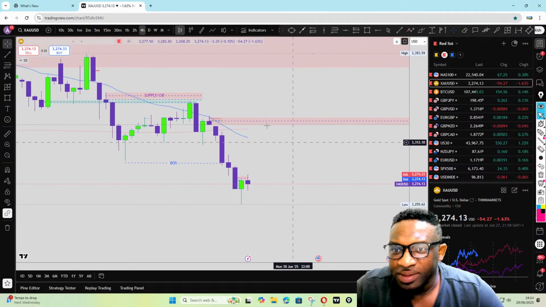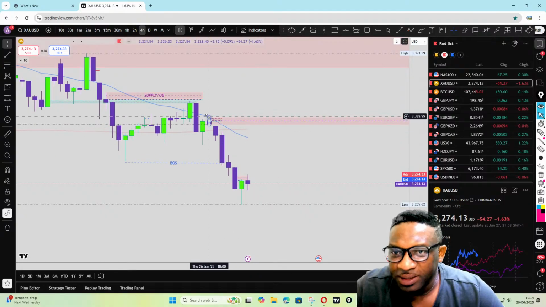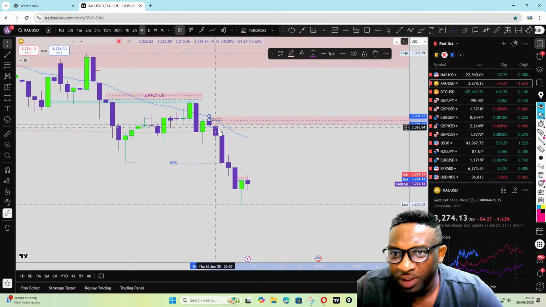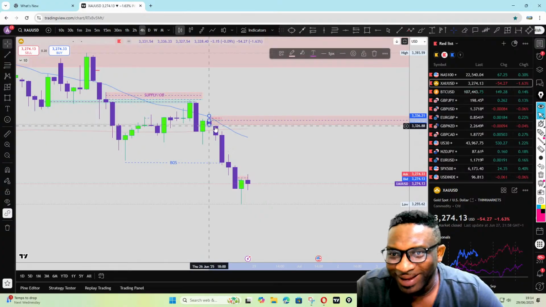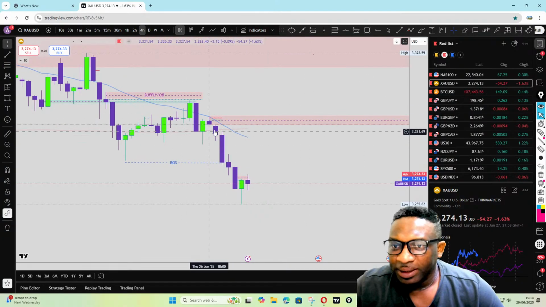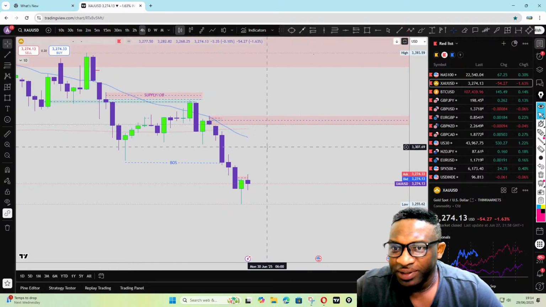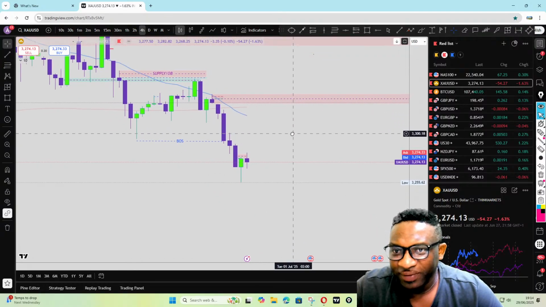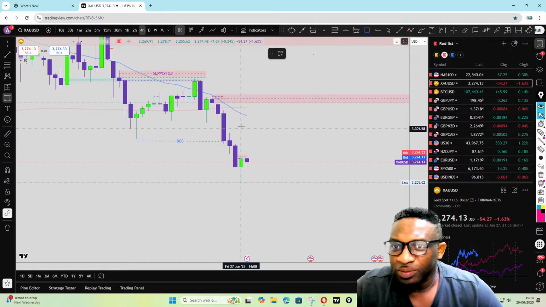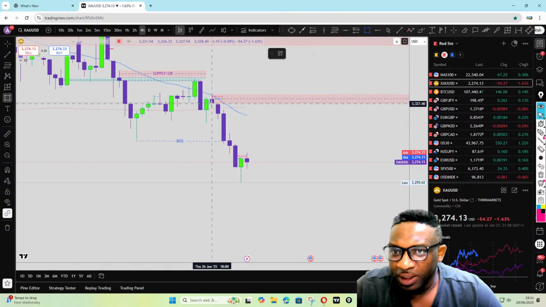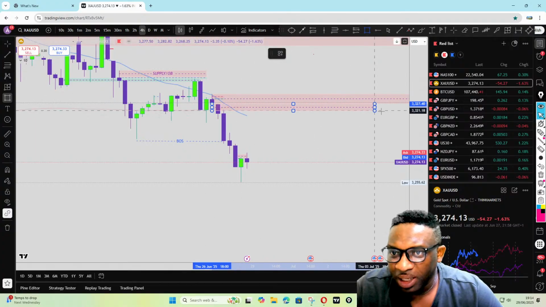With this area identified as our area of supply, the next thing we want to identify is imbalance, some inefficiencies in the area, so that we can validate it and make sure it's an imbalance supply area that we can work with.